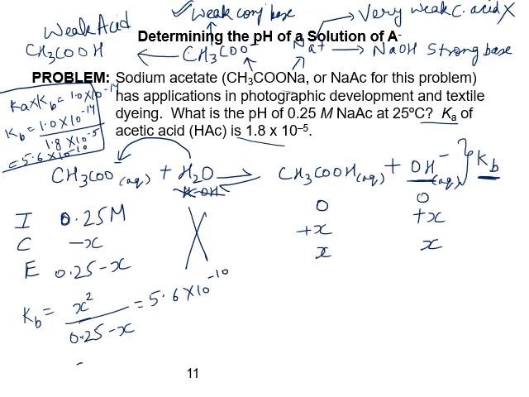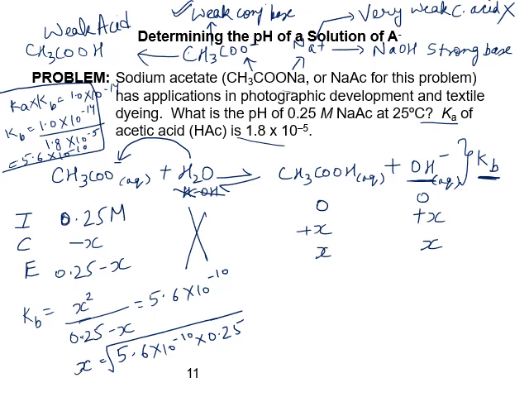So I solve for x. I'll make the assumption 0.25 minus x is 0.25. x is going to be the square root of 5.6 times 10 raised to the power minus 10 multiplied by 0.25. Again, I'm making the assumption here that 0.25 minus x is 0.25. So please make sure you understand how I am getting this x.